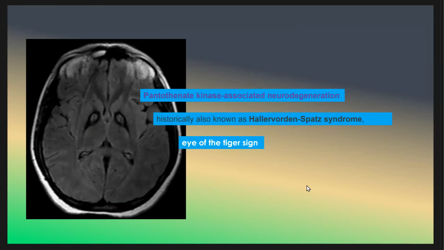And this is due to Hallervorden-Spatz disease, or it is also called pantothenate kinase associated neurodegeneration.